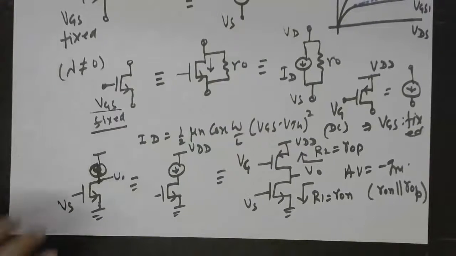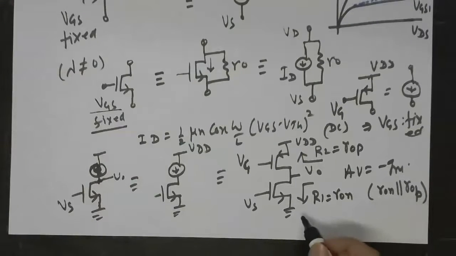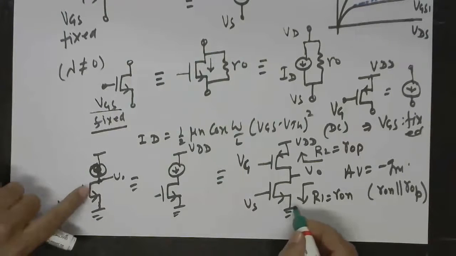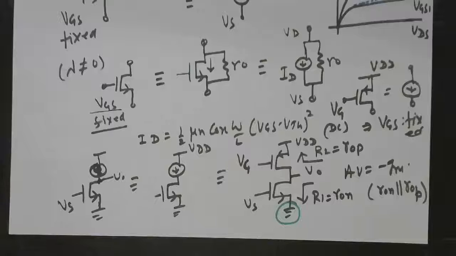In all the cases, we have seen that one characteristic that is always valid with the circuit is the source is always grounded. So now we are going to change this condition.